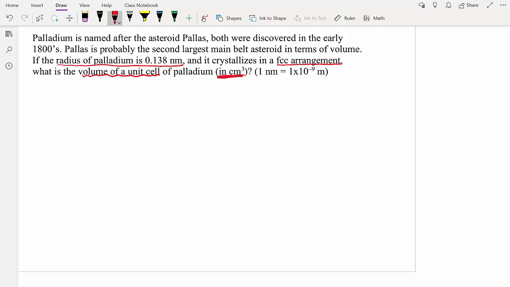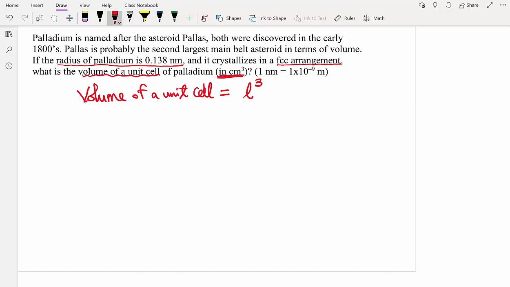Now, we want to find the volume. The volume of a unit cell will be equal to the length of an edge of the cubic cell to the power of 3. Why is that the case?